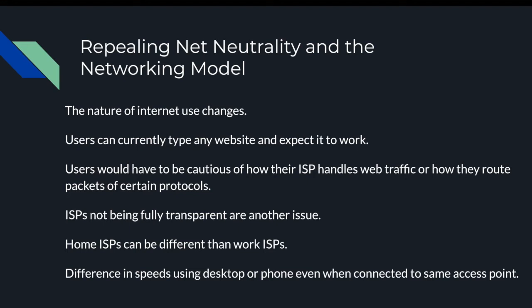This could be them being dishonest when it comes to talking about the speeds that they're going to provide, as well as their competitors and what companies are paying them for faster speeds. Another weird issue is our home ISPs can be different than our work ISPs, which means the content available to us at either home, work, or school could be different. Last, there could be a difference in speeds using desktop or phone even when connected to the same access point.